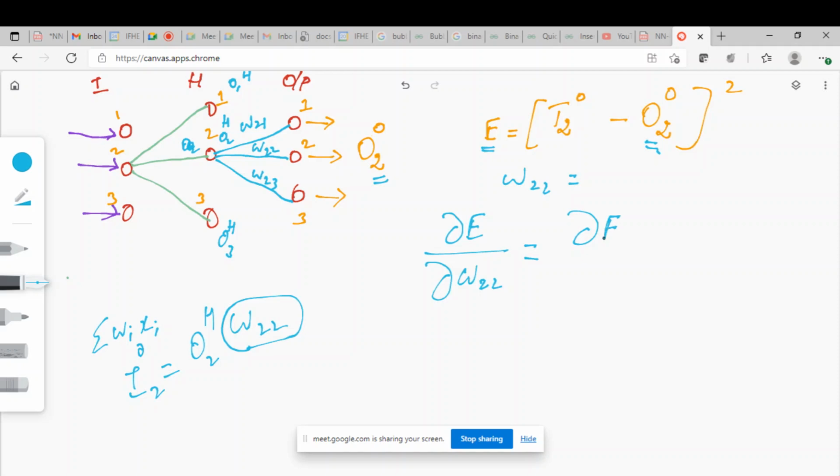First, differentiate the error with respect to the output, because error directly depends on output, so it is dou E by dou O2O. Here O2O means the output of the second neuron of the output layer. But that output depends on the input of the second neuron of the output layer. And now this input depends on what?